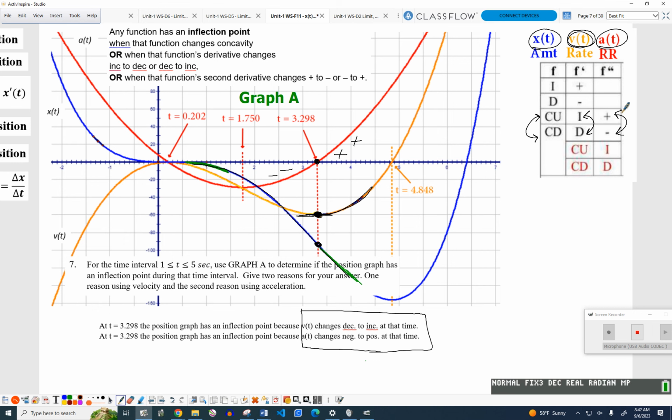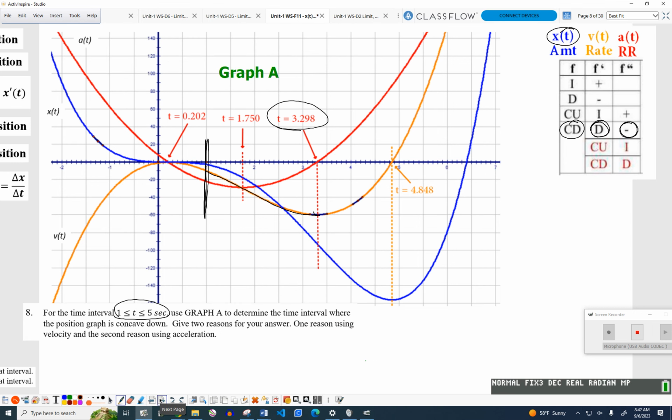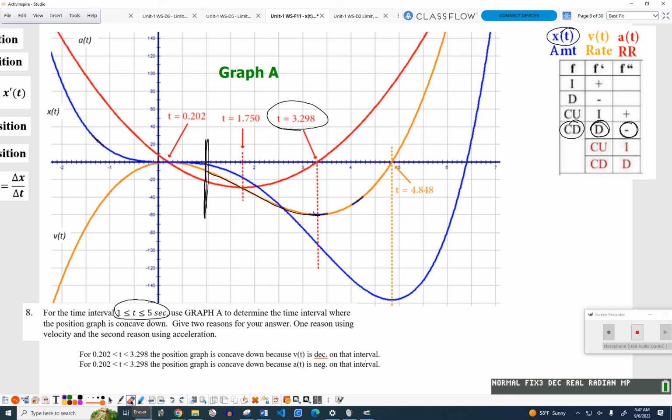Back to here. So this would have been the answer I would have written on a test. For number 8, why wouldn't you do it right where it changes? No, this one's looking for a time interval.